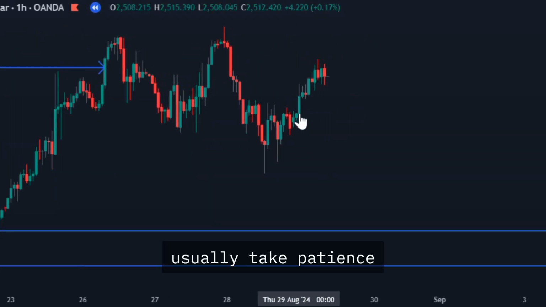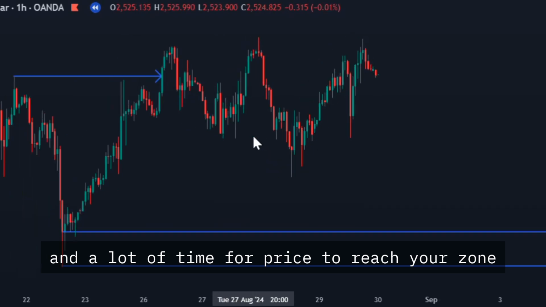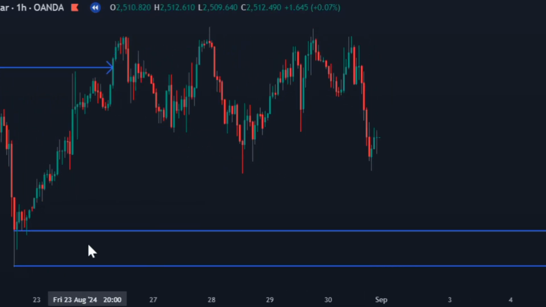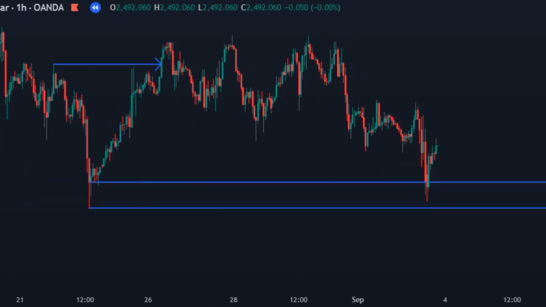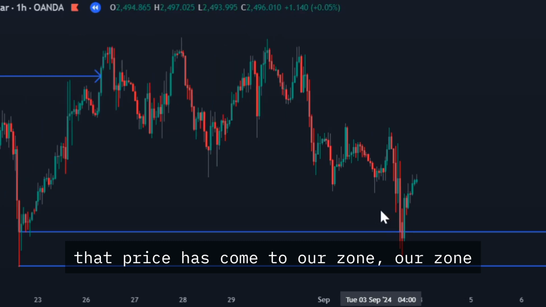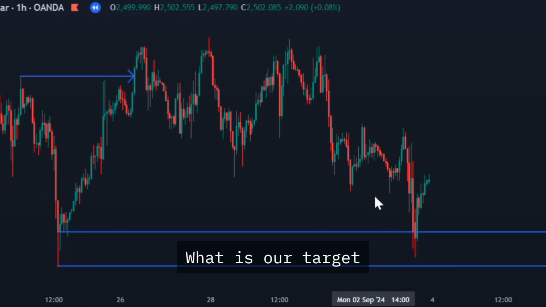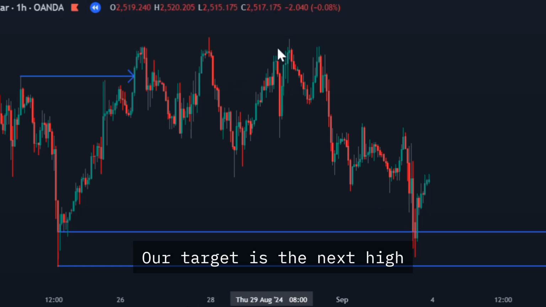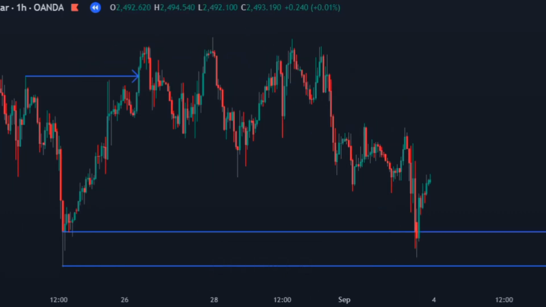It usually takes patience and a lot of time for price to reach your zone. Yes, we can now finally see that price has come to our zone, our demand zone. So this is our demand zone. What is our target? Our target is the next high, this high, this high.